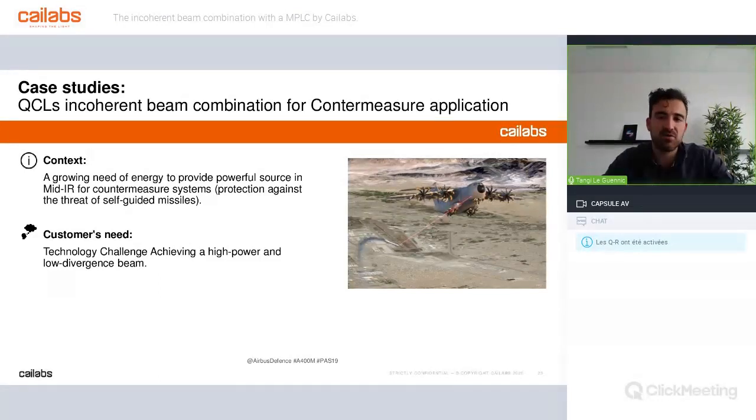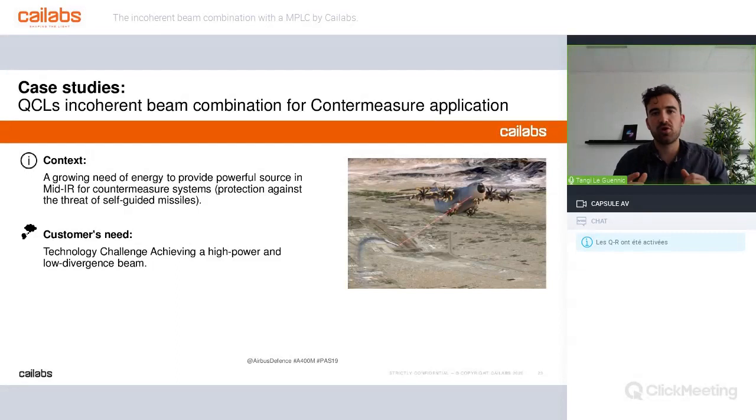The first one is QCL incoherent beam combination for countermeasure applications. For such defense products, there is a growing need of energy to provide powerful sources in mid-infrared for countermeasure systems. The countermeasure system is a protection against the threat of self-guided missiles.